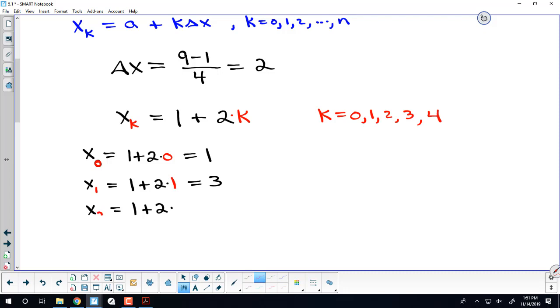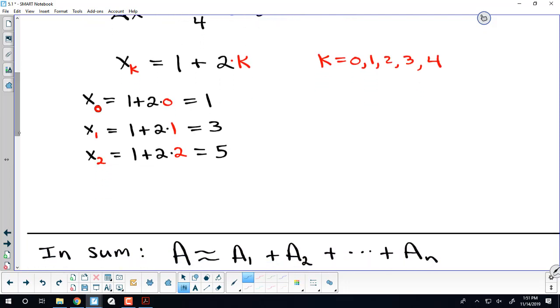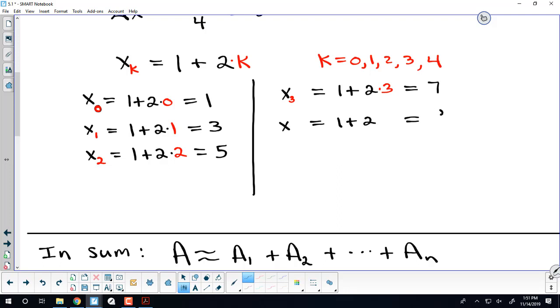Next grid point is x sub 2, which is 1 plus 2 times 2. And that gives us 5. X sub 3 is 1 plus 2 times 3, which is 7. And finally our x sub 4, 1 plus 2 times 4, which is 9.